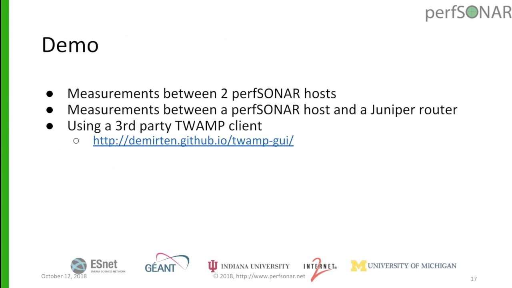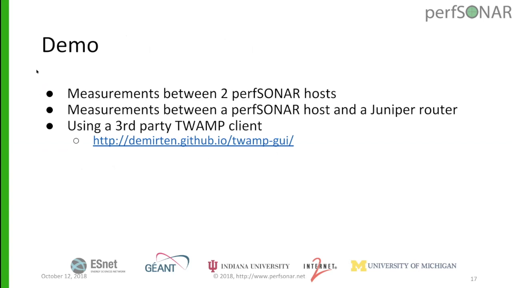So I'm now going to switch to my terminal, and I will show you 3 kinds of measurements. I will first do a measurement between 2 perfSONAR hosts that are running the same TWAMP implementation that we're presenting today. Then I will run some measurements between a perfSONAR host and a Juniper router on which we have configured a TWAMP server and reflector.